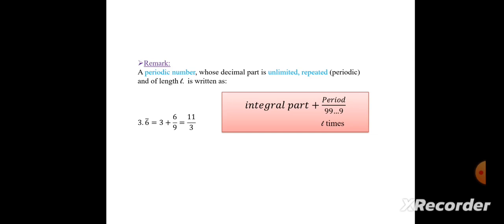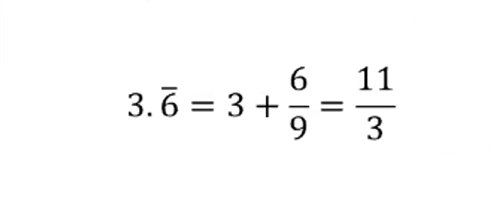Here, for example, 3.6 bar is 3 plus 6 over 9, since it's 0.6 bar. By adding them together with the same denominator, 3 can be written over 1, so it's 27 over 9. So 27 plus 6 is 33 over 9, which can be written as 11 over 3.